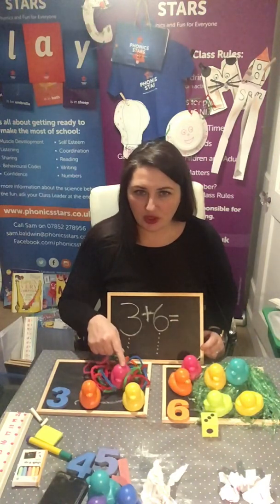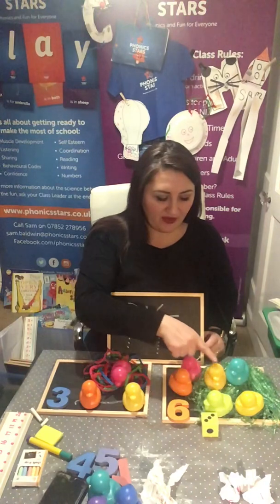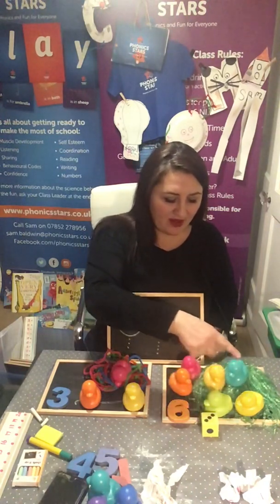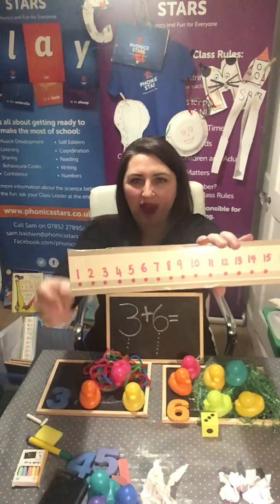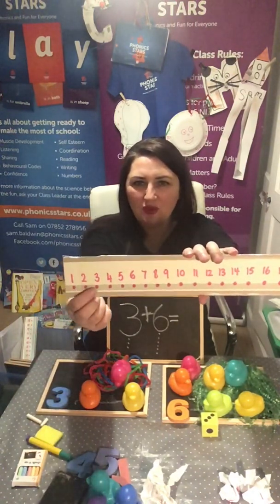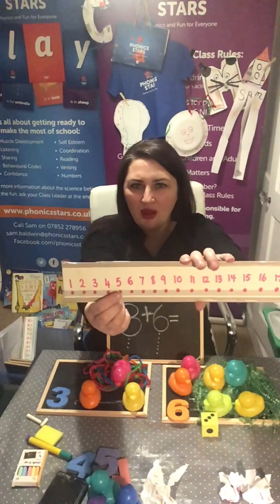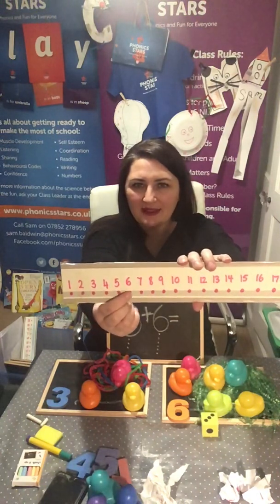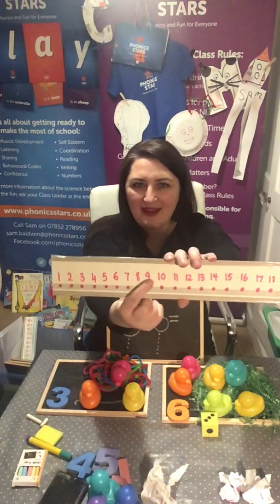1, 2, 3, 4, 5, 6, 7, 8, 9. What does number 9 look like? Let's use the number line to help us. Help me count, please. 1, 2, 3, 4, 5, 6, 7, 8, 9.